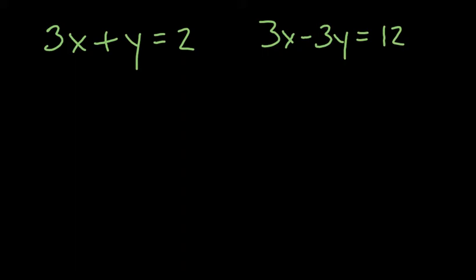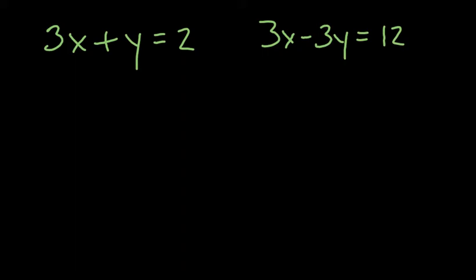Now, here's 2 equations that are not in slope-intercept form. In order to find the slope and the y-intercept, we have to rewrite the equations so that they will be in slope-intercept form. Remember, slope-intercept form starts with y equals, so we are going to solve for y.